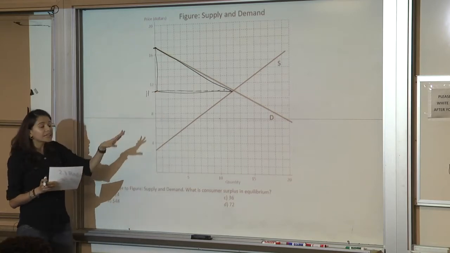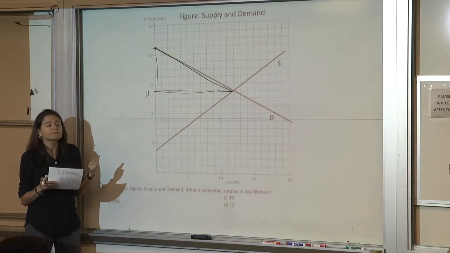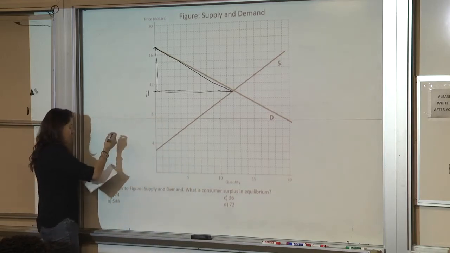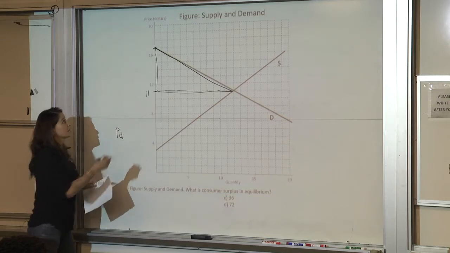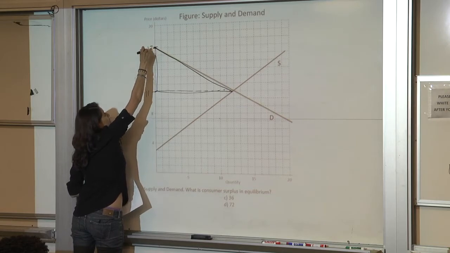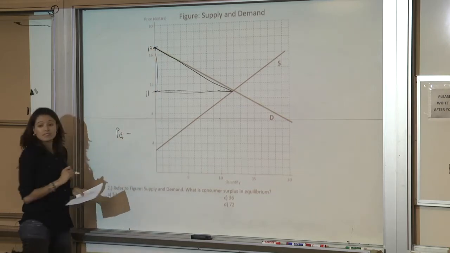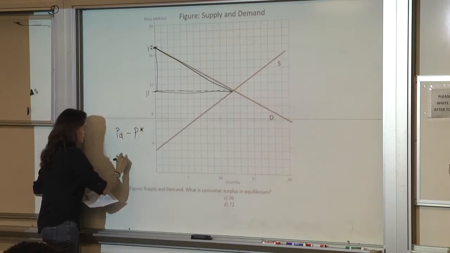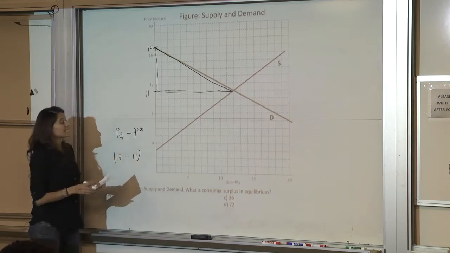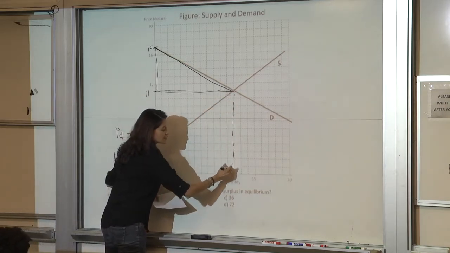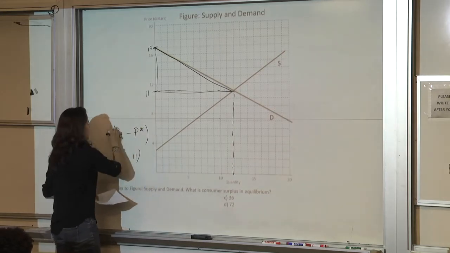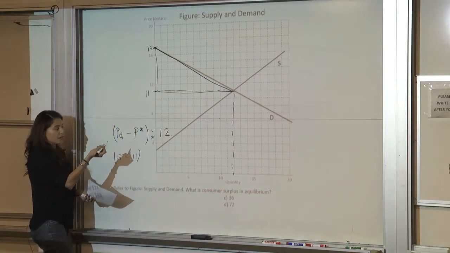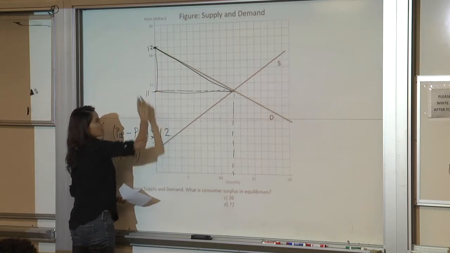How do you find that? Either for a graph like this, or in an equation, the way you think about it is the price of the demand function, this intercept here, which in this case is 17, minus the equilibrium price, which in this case is 11, times the optimal quantities, which in this case are 12, and the area of a triangle is base times height divided by 2, okay?